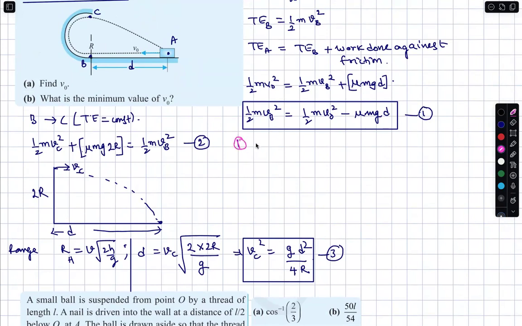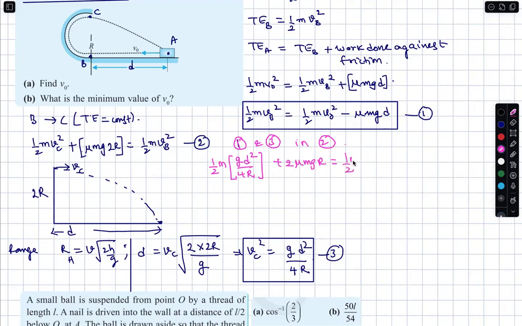Using equation 1 and equation 3 in equation 2, you will have half m v C square, meaning g d square by 4r, plus 2 mg r is half m v B square, which is also known to you.